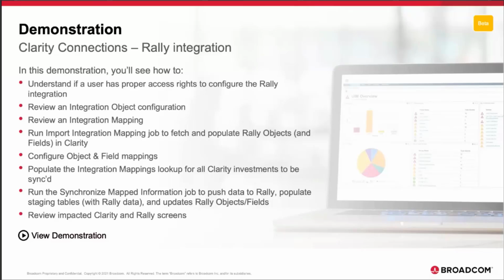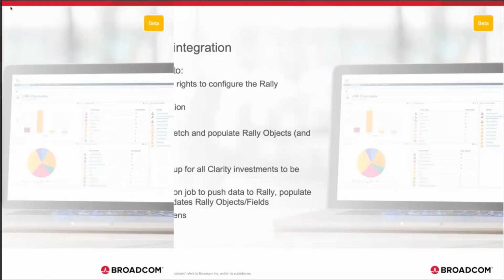We're going to populate that integration mapping lookup on a strategies page, for example. And then we're going to run the job, and we'll review the impacted Clarity and Rally streams. Okay, so let me come out of PowerPoint, and we'll get into the demonstration.